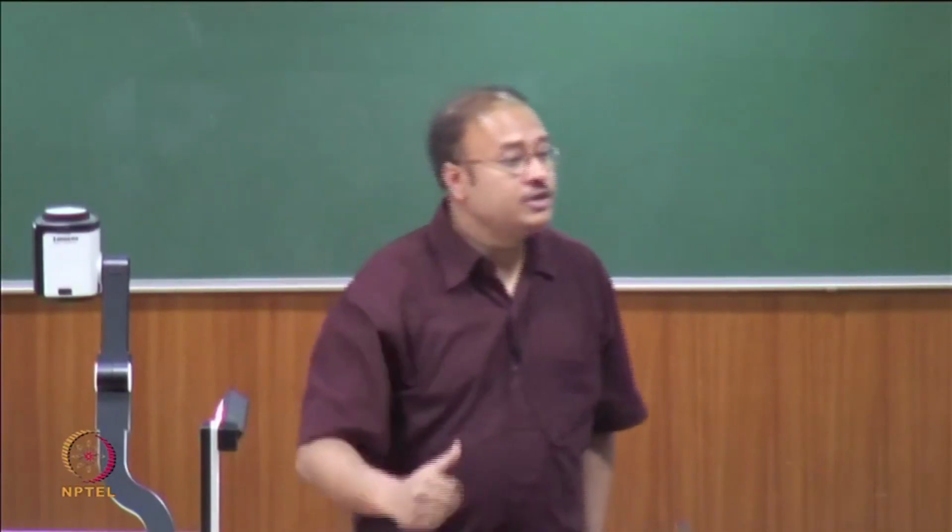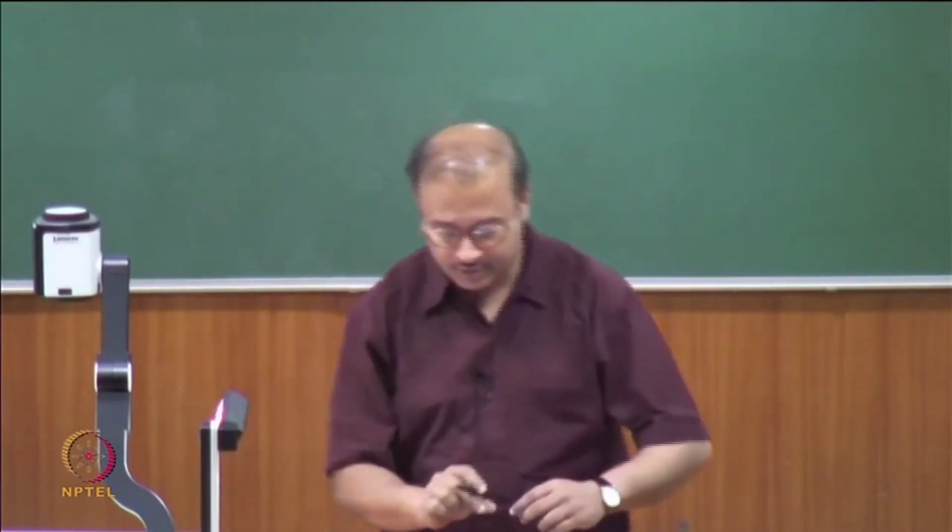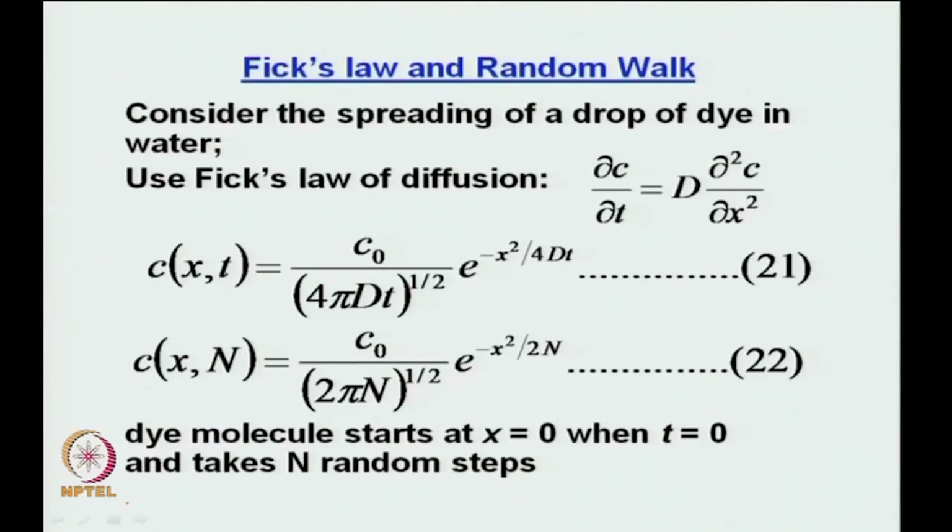So, now if you compare these two, just compare 22 and 21, everything else is the same, right. Then you can compare: 2n is equal to 4Dt, or root over 2 pi n is equal to root over 4 pi Dt; these should be equal. When you do that, this is what you should be getting. Comparing equations 21 and 22, n is equal to 2Dt, n is equal to 2 times D times t.